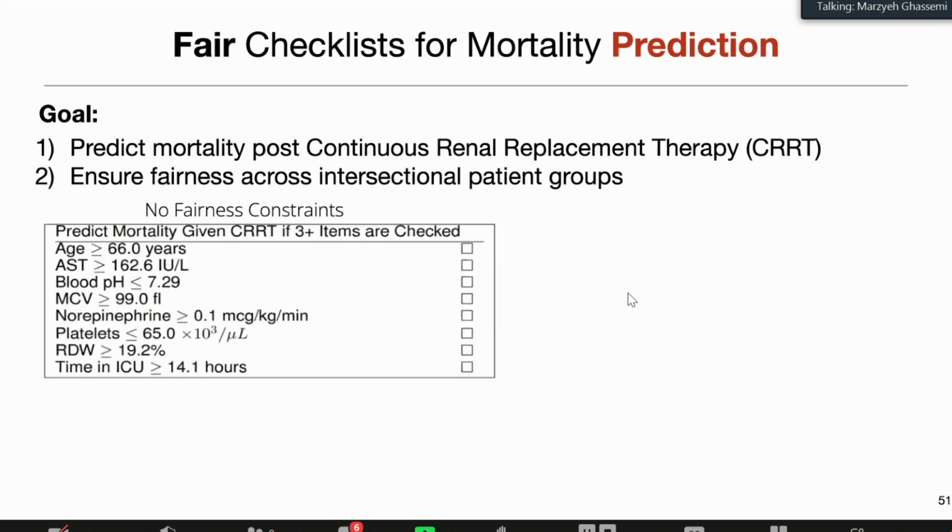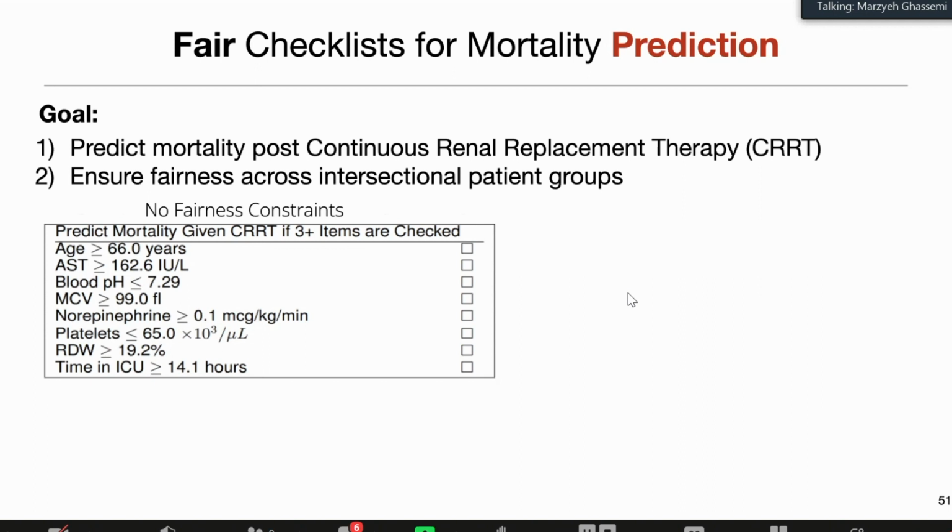And so when we run the checklist without fairness constraints, this is the checklist that we get. It's not using race, it's not using gender. There are no obvious proxies like weight or height for gender, for example. There's no obvious proxies for race like hematocrit level differences, which some people have reported from lab values for African American patients.